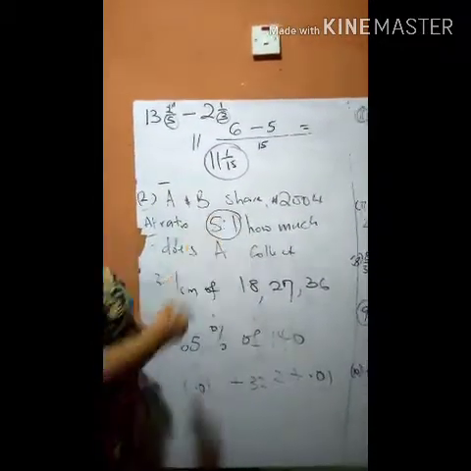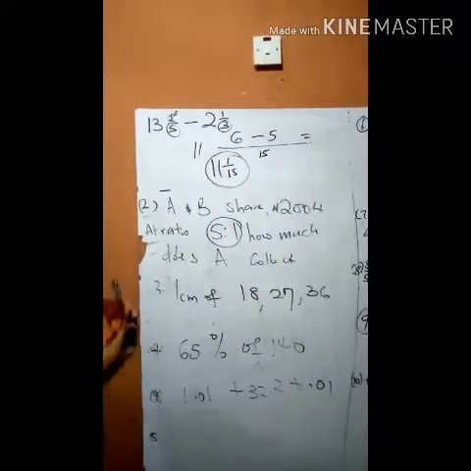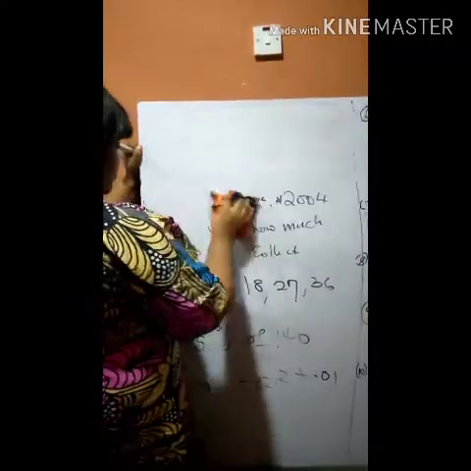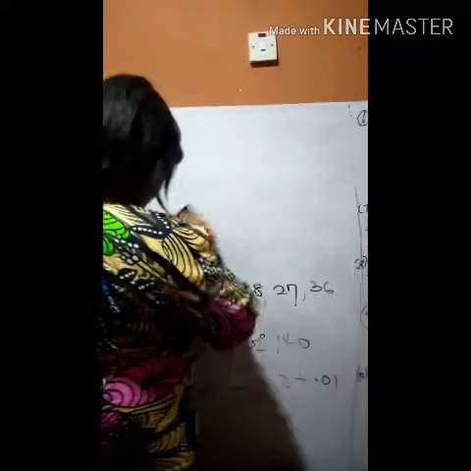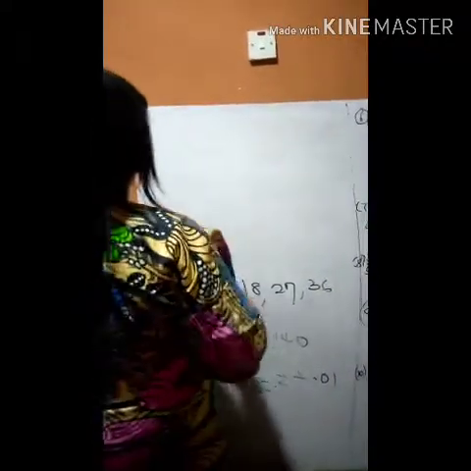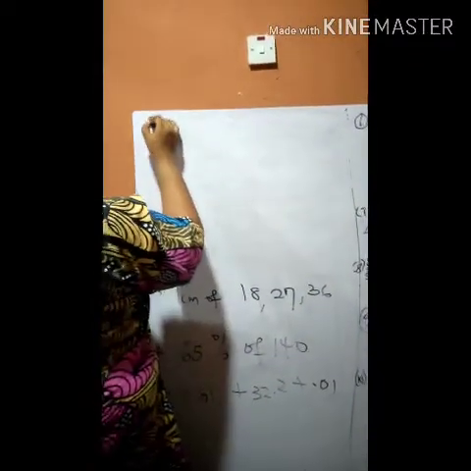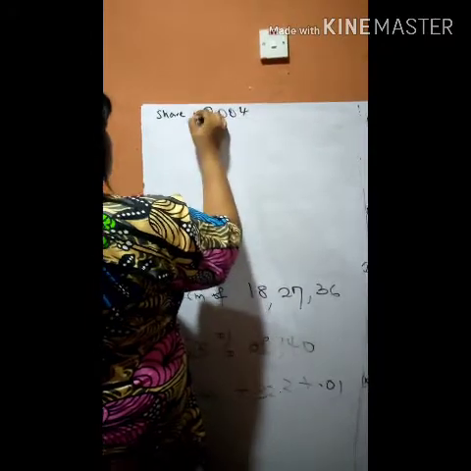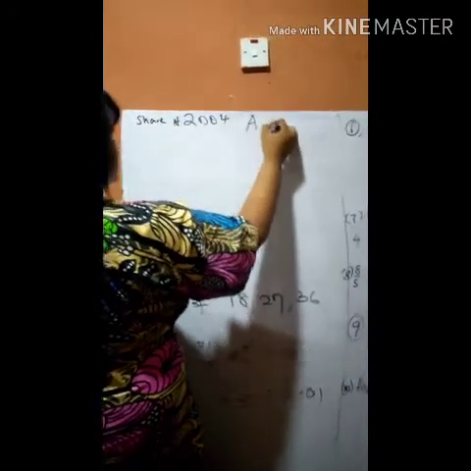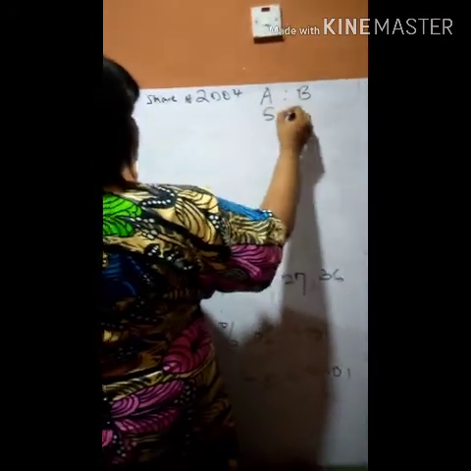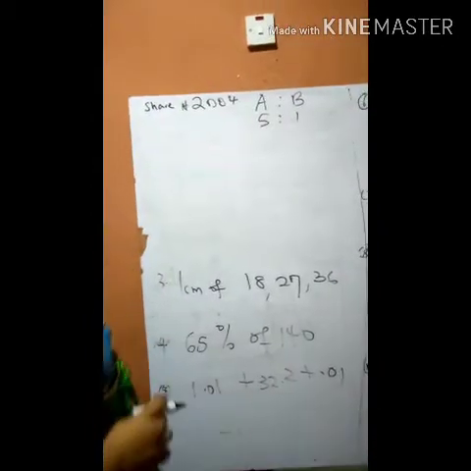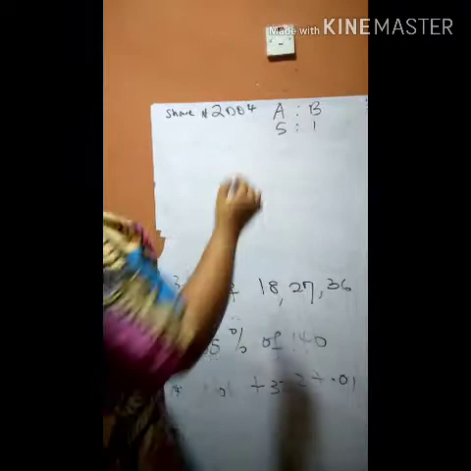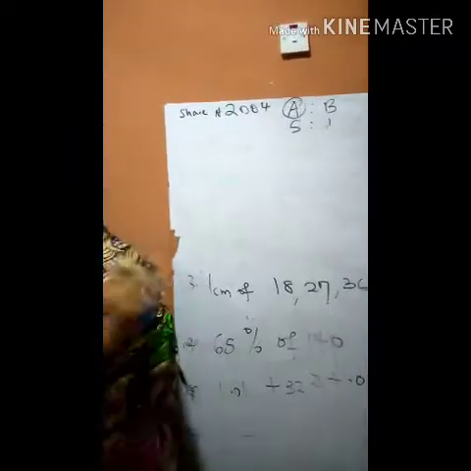The second question says A and B are to share 2004 naira at the ratio of 5:1. So we are sharing 2004 naira between A and B at ratio 5:1. The question says we should find what A will get.